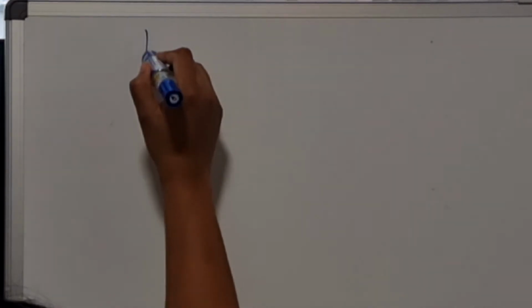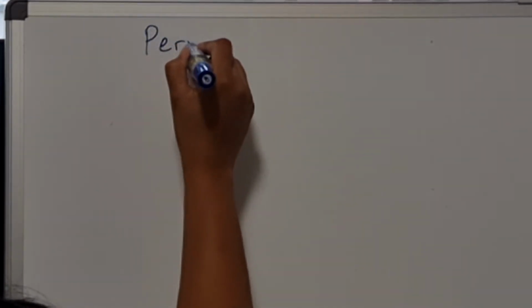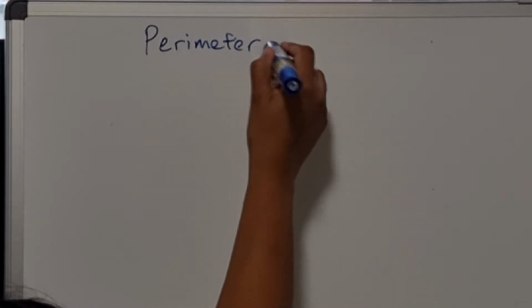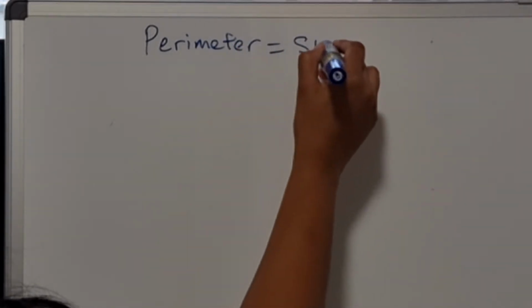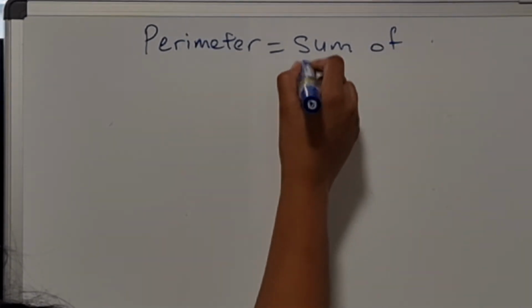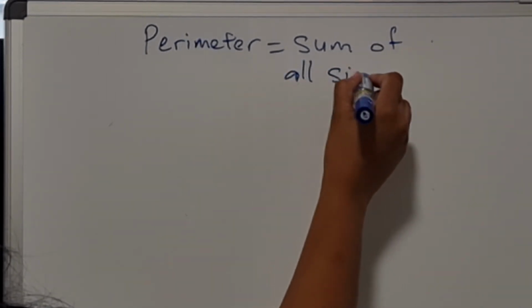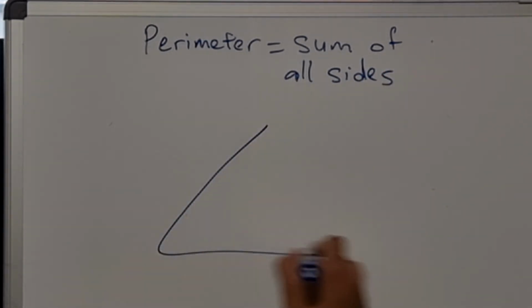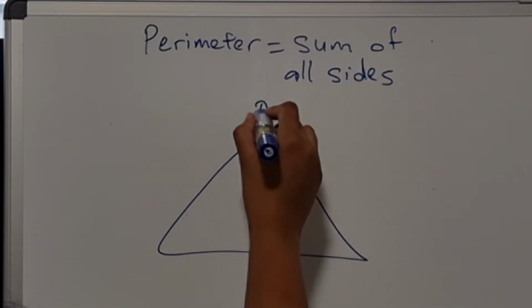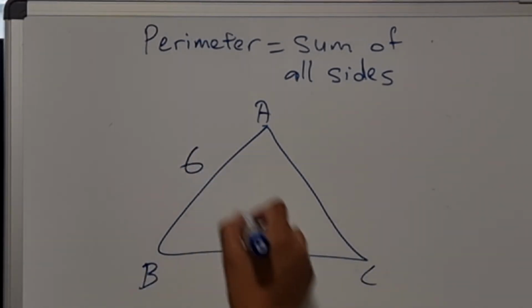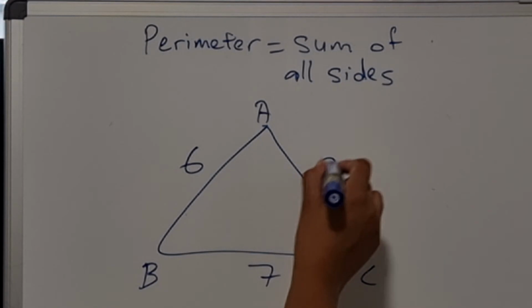Okay, perimeter is sum of all sides. Okay, A, B, C. Let's say this is 6, this is 7, this is 8.